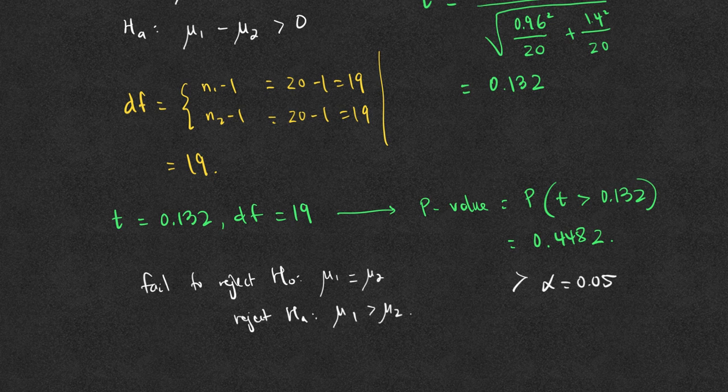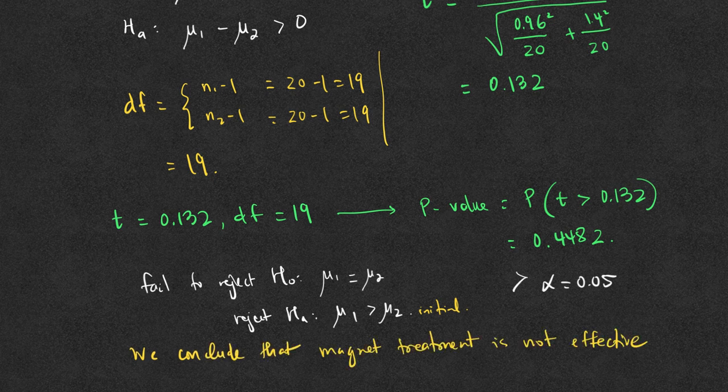But this is the initial claim. The initial claim is that the pain reduction in the magnet treatment is better than the pain reduction in the sham treatment, and we reject this. We then conclude that the magnet treatment is not an effective pain reduction treatment.